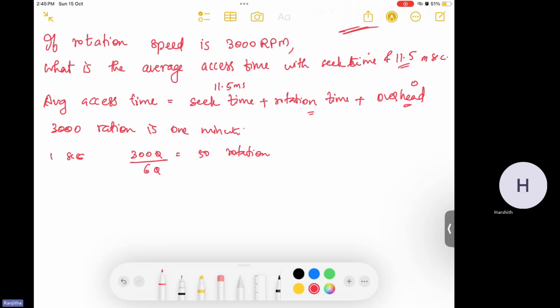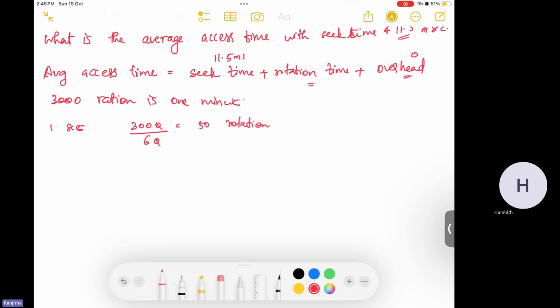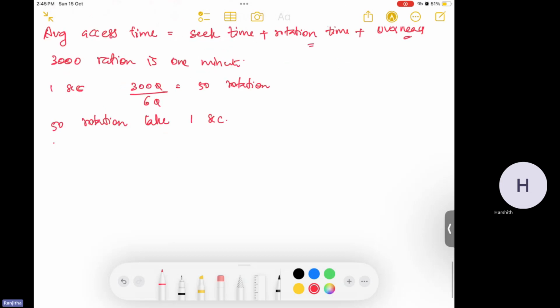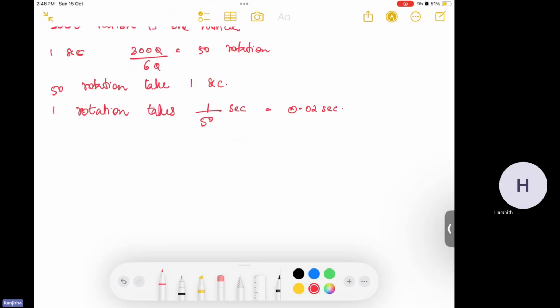So 50 rotations take 1 second, and one rotation will take 1 by 50 second, which is 0.02 second.